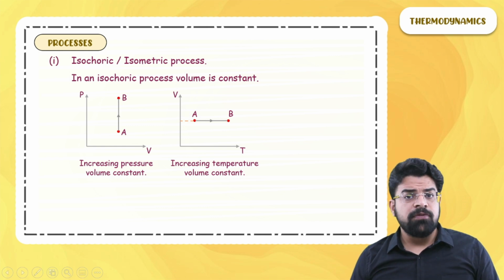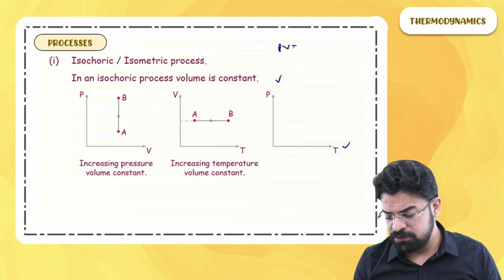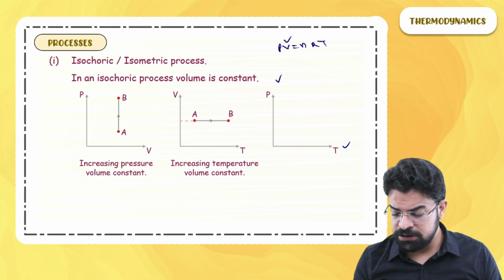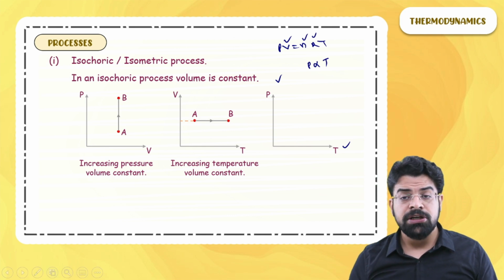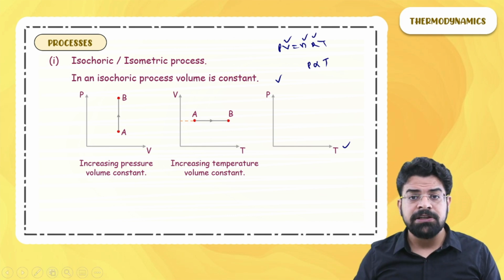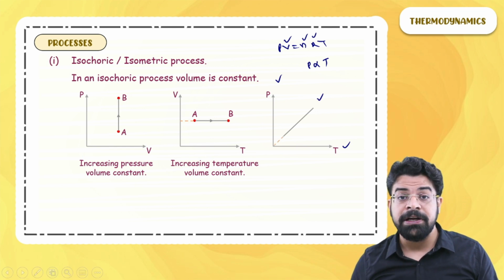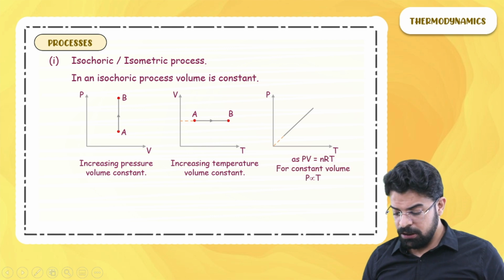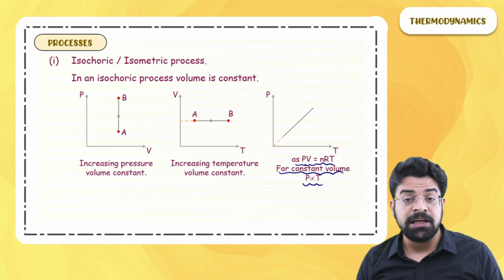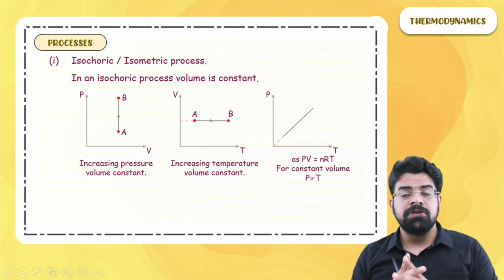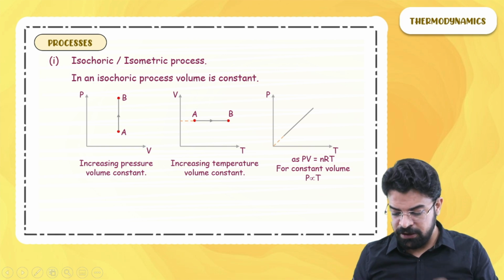What does the constant volume process look like on a PT diagram? We know PV equals nRT, so pressure is directly proportional to temperature. What we get is a straight line passing through the origin. So this is the constant volume process shown on different curves.